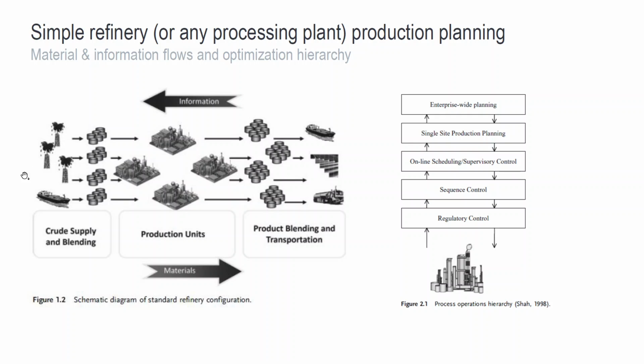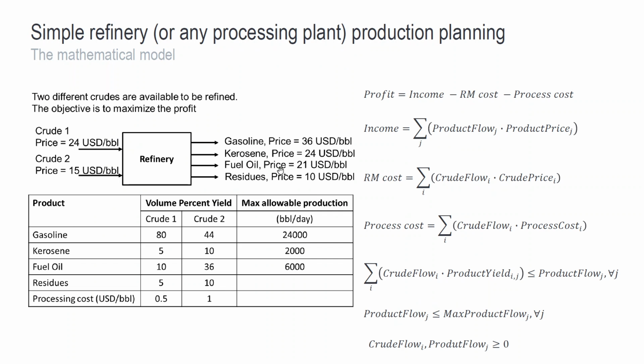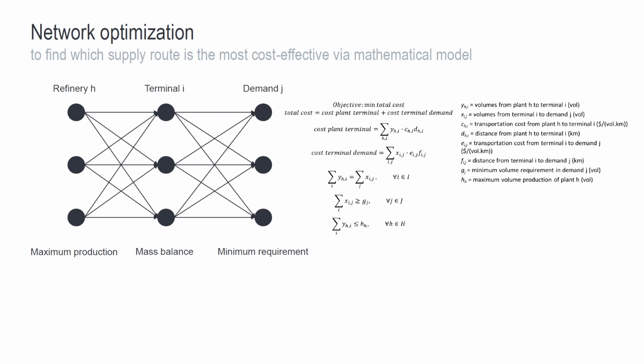So we have different raw materials and different locations, and different locations of our plants, and then which crude we should buy, using which mode of transportation, and to which refinery or plants. Or we can also see it from this angle, just a matter of transporting chemicals from one place to the other, right?